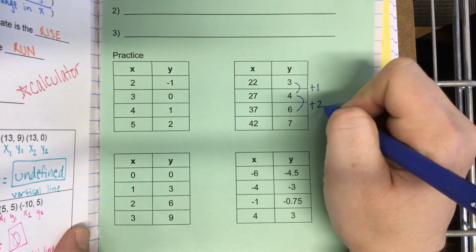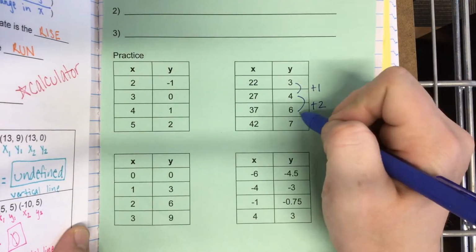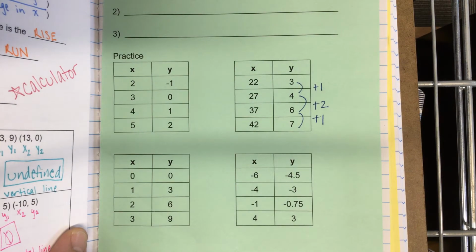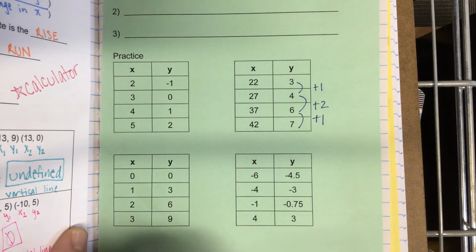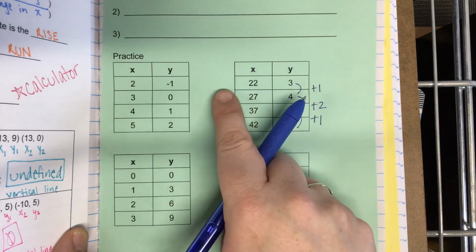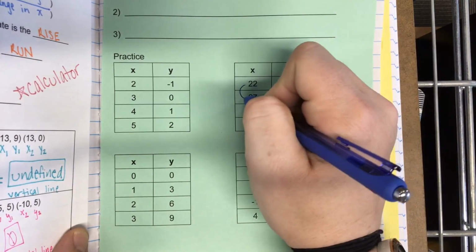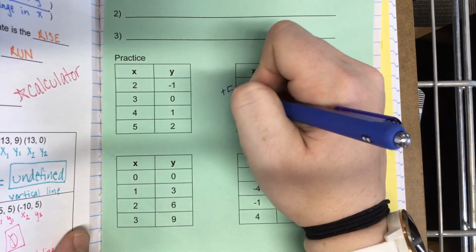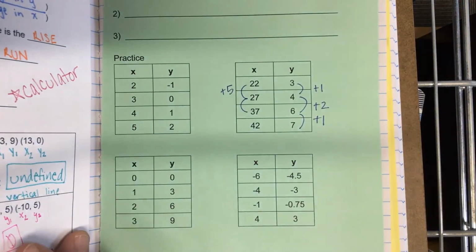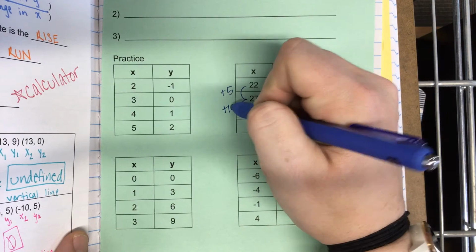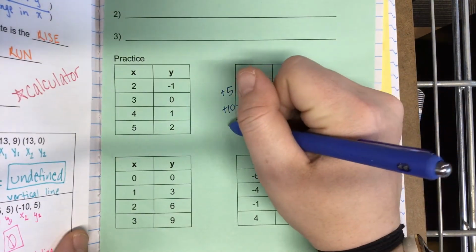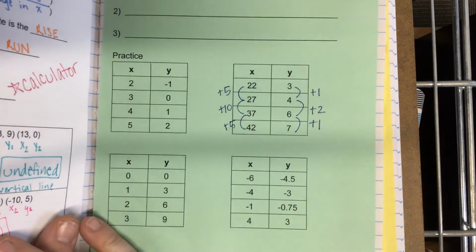That's 2. Is that constant? Because here it's back to 1. But if I go over here, what do you do to 22 to get 27? Plus 5. What about here? Plus 10. What about here? Plus 5. Is this constant?